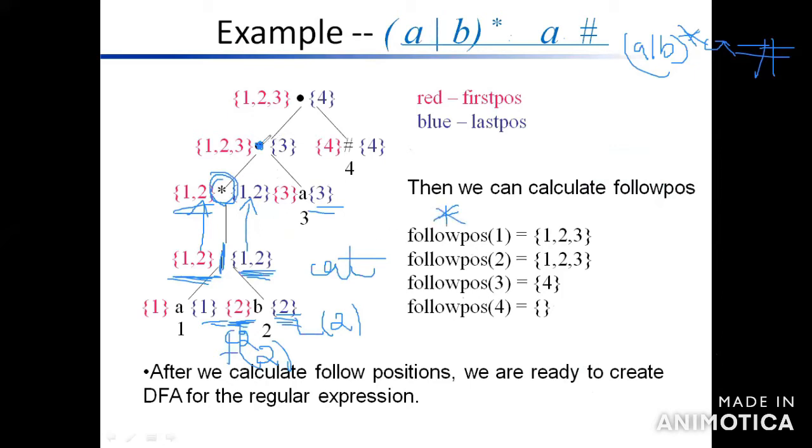So in the star, you check C1, the left child, which is the star value. The star means the node is nullable. When the node is nullable, you merge the first position of C1 and the last position of C1 value. The first position is 1, 2 and the last position is 3, so for the cat node's first position you merge 1, 2, 3.